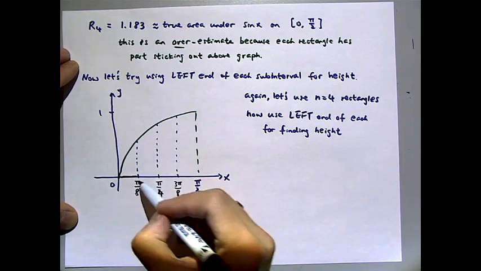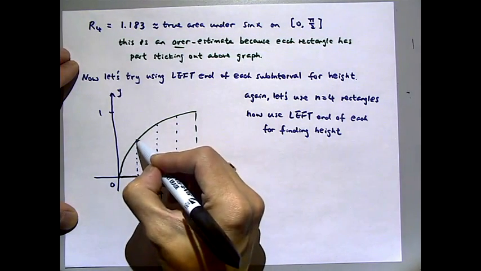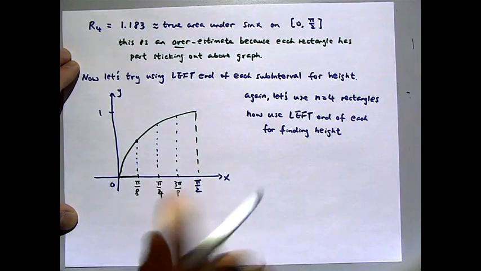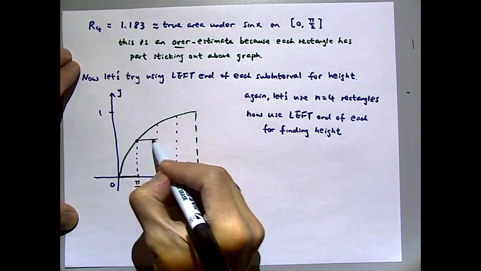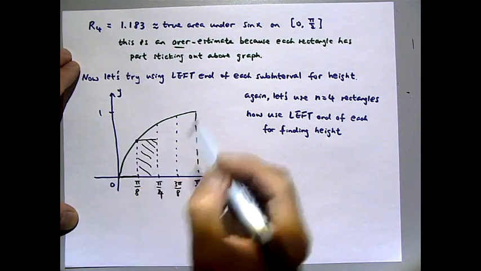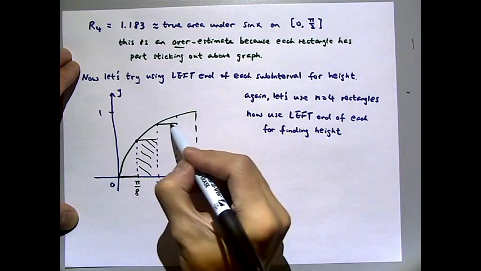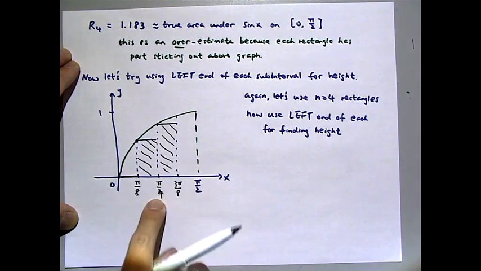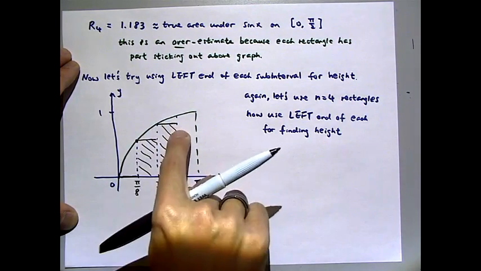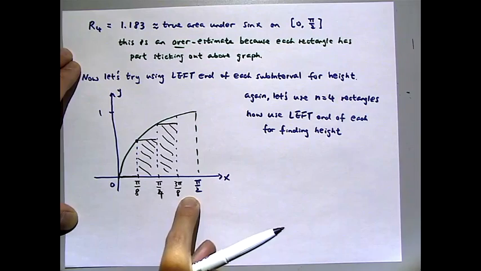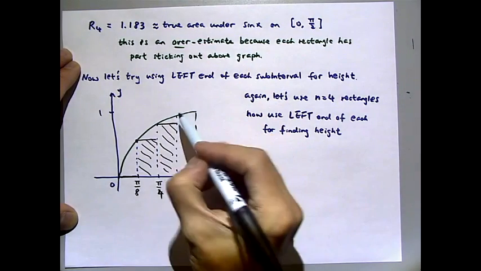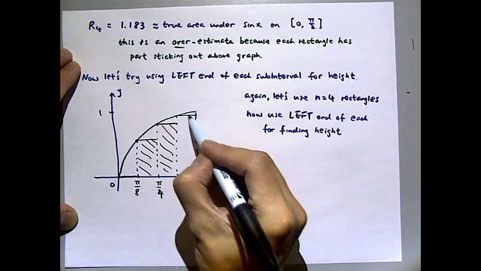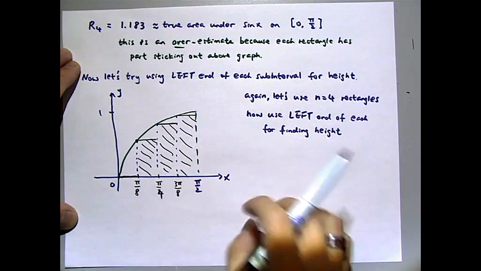Second rectangle is going to have a height formed from the left endpoint of the second subinterval. So here's the second guy. Now here's the third one. Third subinterval, left endpoint where it touches the curve, that's my height. Fourth subinterval, where the left endpoint touches the curve, that's my height.